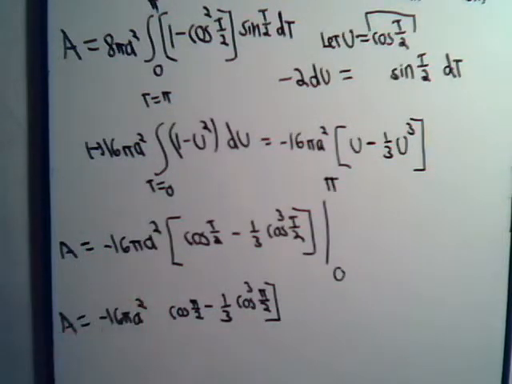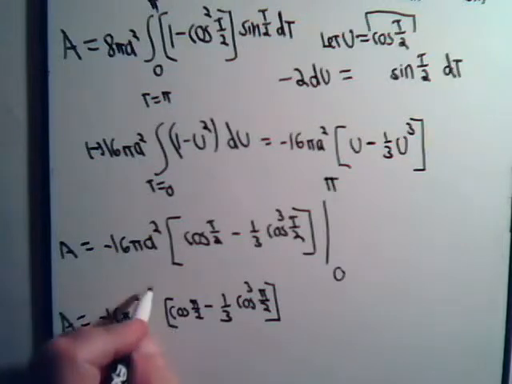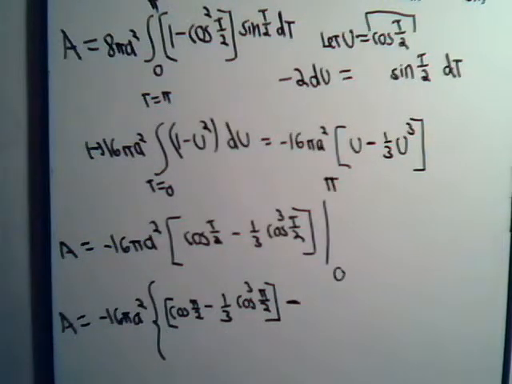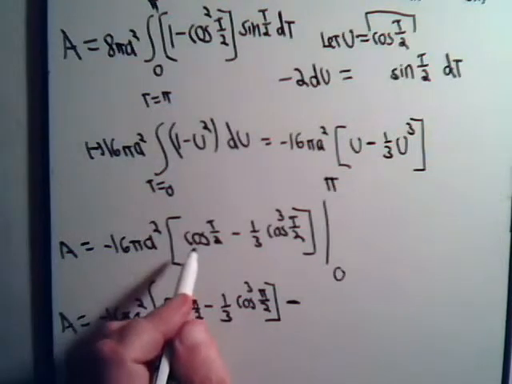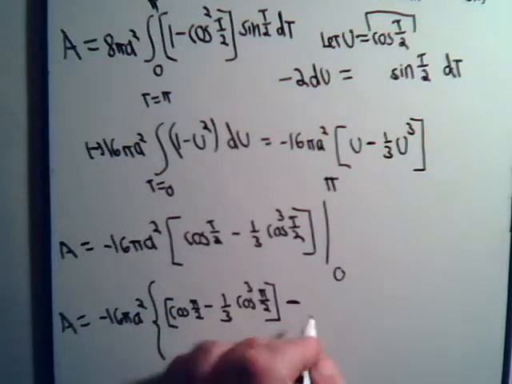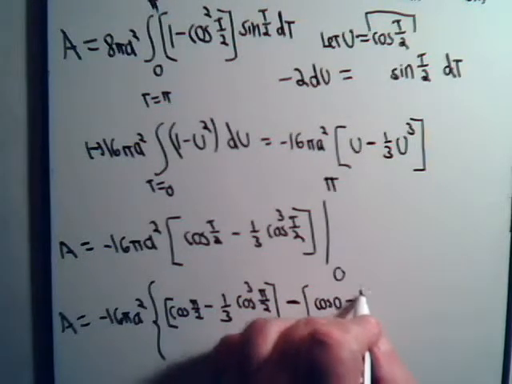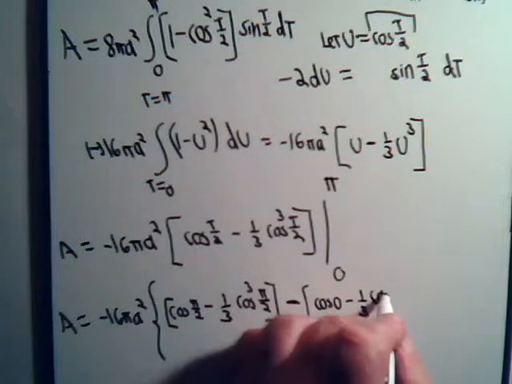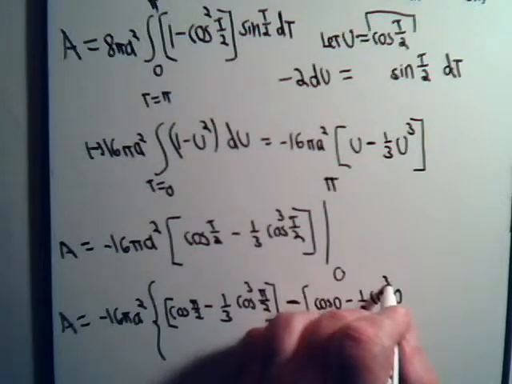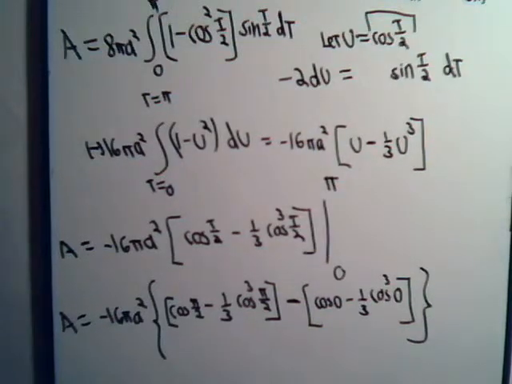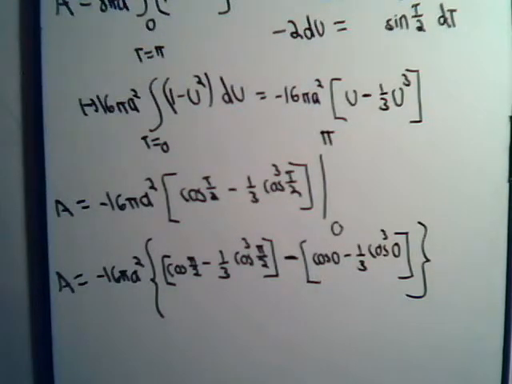I'm going to write this so big. Minus, now we put when t equals 0, and we're going to have cosine of 0 minus 1/3 the cosine of 0 cubed. And the cosine of pi over 2, that's 0, this is 0.